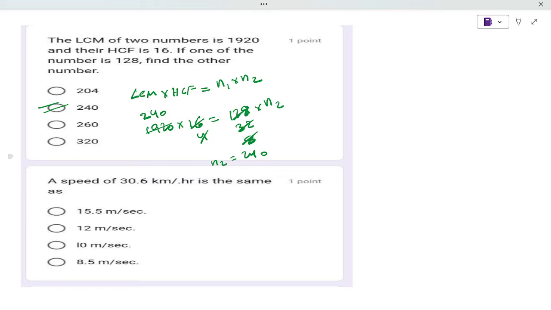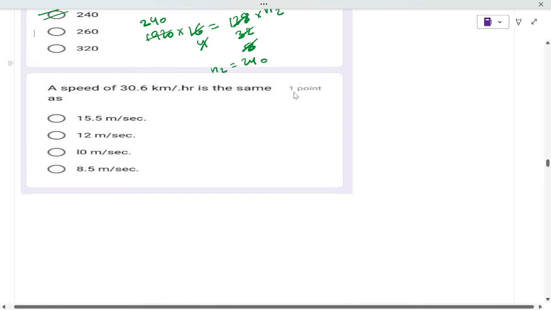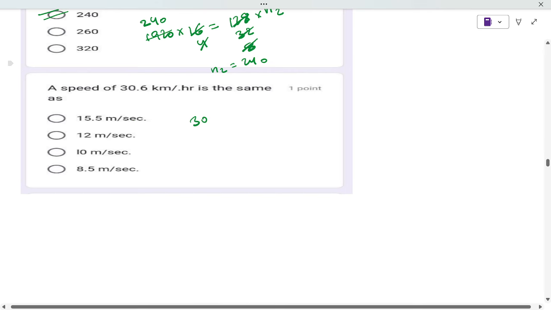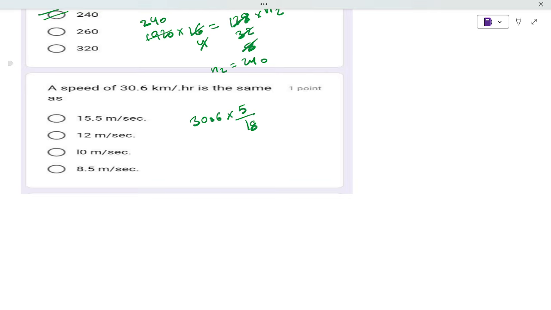240 is the answer. Next one, speed of 30.6 km per hour is the same as how many meters per second? Very simple. To change km per hour to meter per second, take 5/18. 30.6 is 306 divided by 10, and 5 into 306 over 18 times 10.